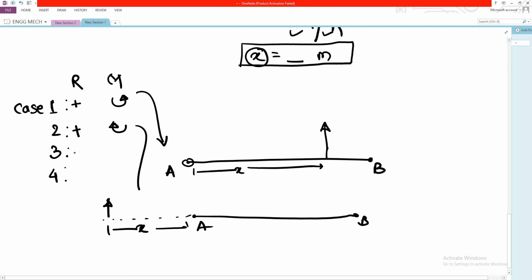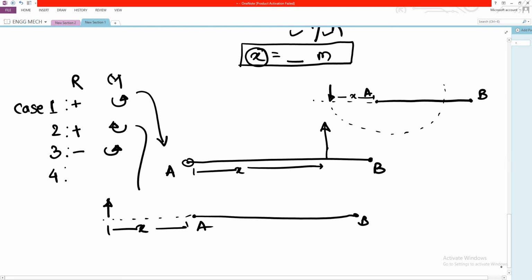Let's say the resultant is negative and the moment is anti-clockwise, then we will be having our beam AB like this. See, the resultant is minus, therefore the direction of the resultant is downward. Downward resultant with anti-clockwise moment. Where do we have to put this? See, here if we put the resultant like this, then the direction of rotation will be anti-clockwise and the resultant will be at a distance x. This is for case number 3.